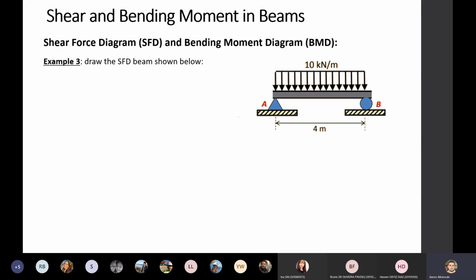Okay. Can you please draw the free body diagram for this beam AB? When I say draw the free body diagram, your main task is to calculate reactions.